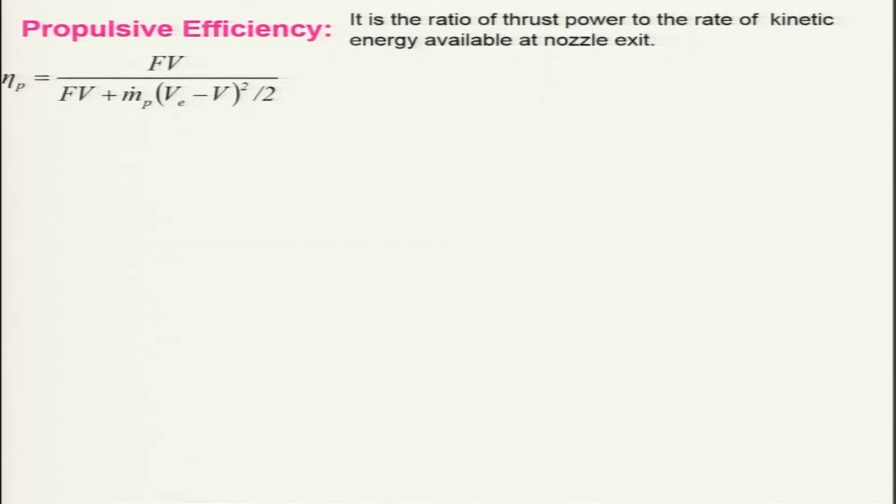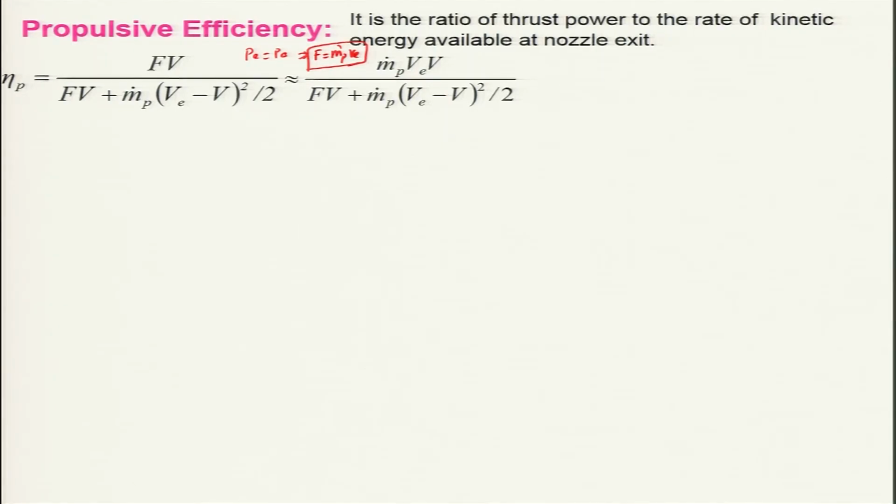This can be approximately equal to m p into V, because the thrust F is nothing but m p into Ve. Keep in mind that it has been assumed the nozzle is fully expanded, so Pe is equal to Pa, and therefore F is nothing but m p into Ve.